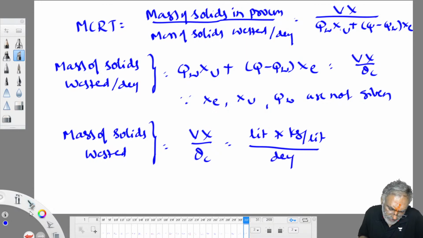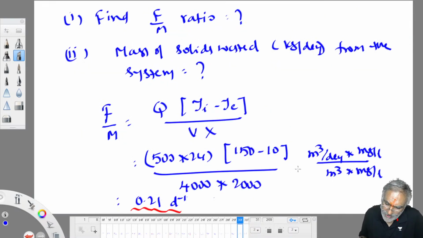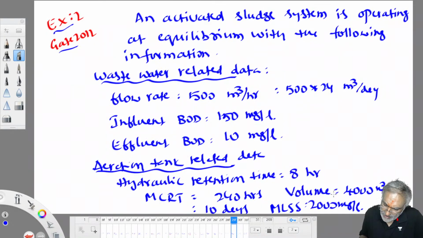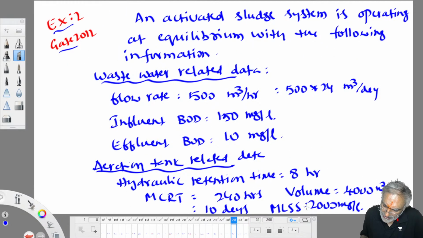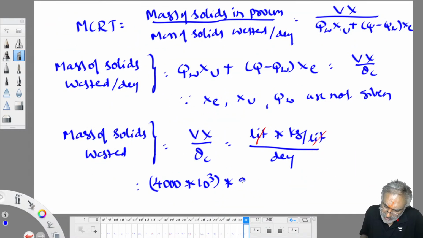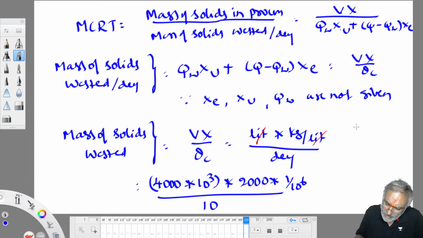This in days is substitute. Then automatically liter cancel out, you will get kilogram per day. So V given in meter cube. How many meter cube V value? Given in the question 4000 meter cube. 4000 meter cube is how many liters? 4000 into 10 cube liters into X kilogram per liter. But X value given in milligram per liter. X is nothing but MLSS 2000 milligram per liter. How to convert 2000 milligrams into kilograms? 1 by 10 power 6 by theta c.